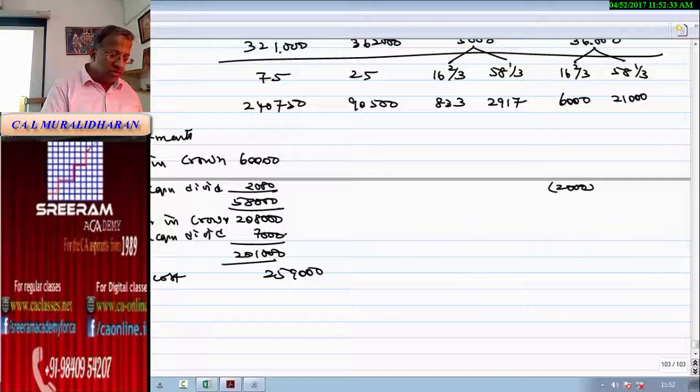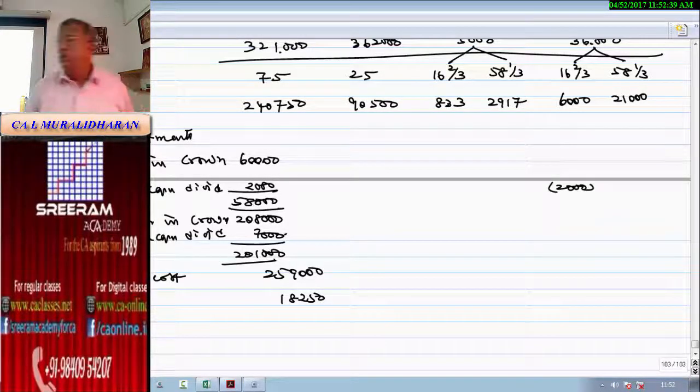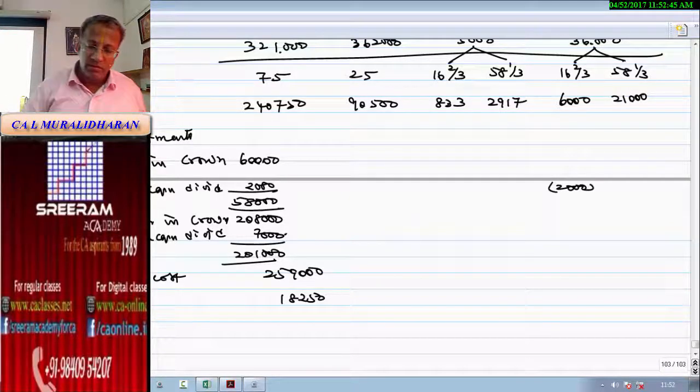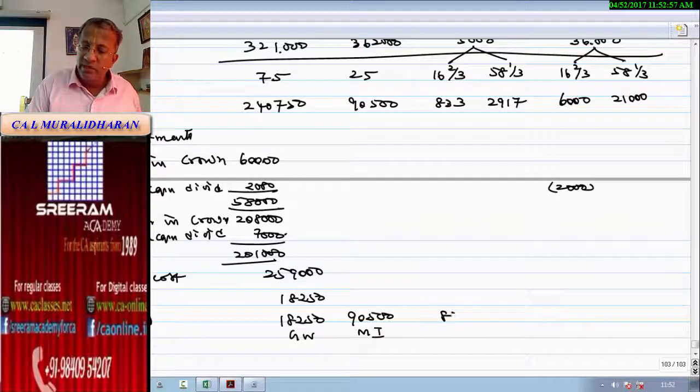2,59,000 minus 2,40,750. 18,250 is goodwill. So carry forward 18,250 goodwill, 90,500 minority interest, 833 and 4,000.